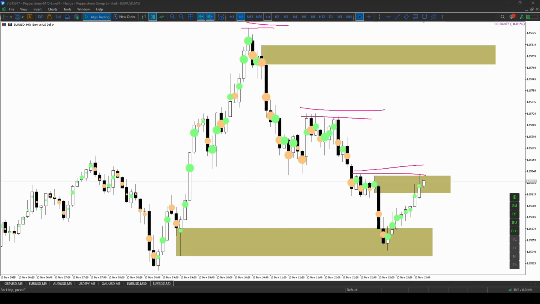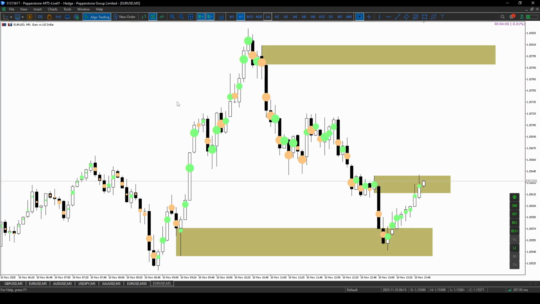So that is why I added that liquidity feature for you guys, so you can easily understand. It's taking some time to load the data again.